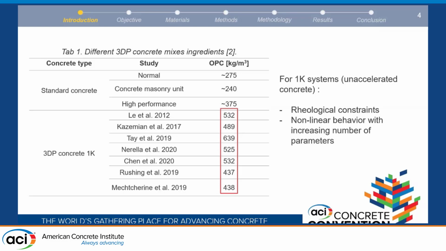And indeed, due to the rheological constraints of pumpability, shape retention, and buildability, along with the non-linear behavior of cementitious materials with increasing number of parameters, such as the adding of admixtures and supplementary cementitious materials, the materials have high cement content, which means they have a high carbon intensity.